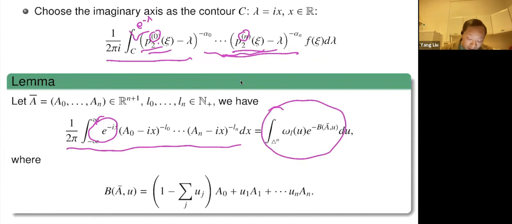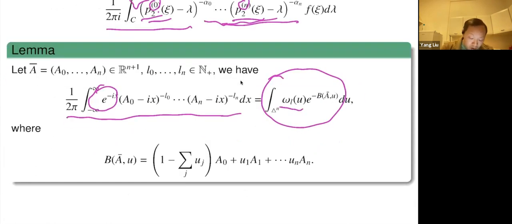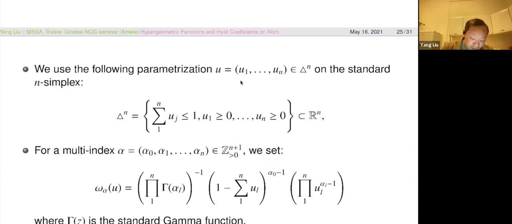I will define this part u in a minute. This hypergeometric feature resides in the following.